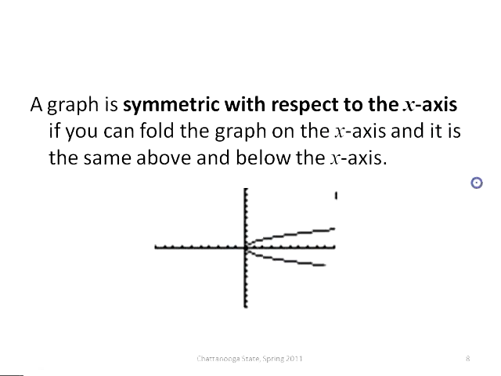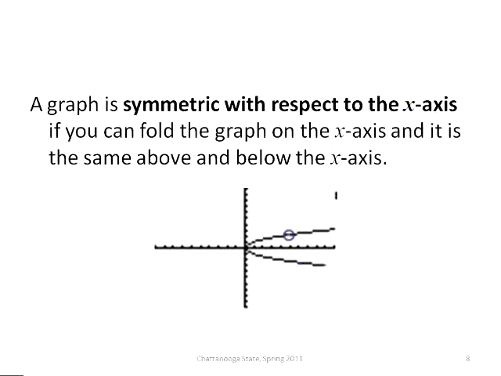There's one more type of symmetry. We talked about even functions having symmetry with respect to the y-axis. Odd functions have symmetry with respect to the origin. You also can have graphs, not a function, but a graph that has symmetry with respect to the x-axis.